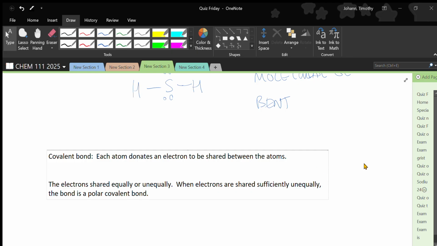All right? And so how do we know whether they're shared equally or unequally? We have a concept that's related to electrons and atoms and how much an atom wants electrons.